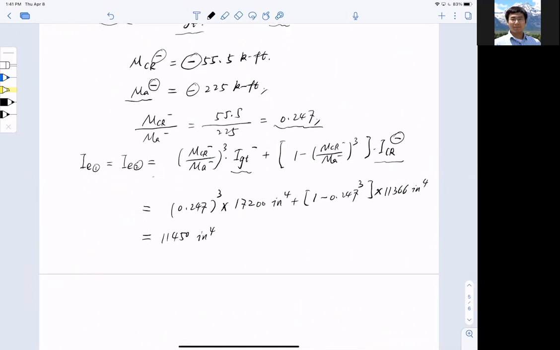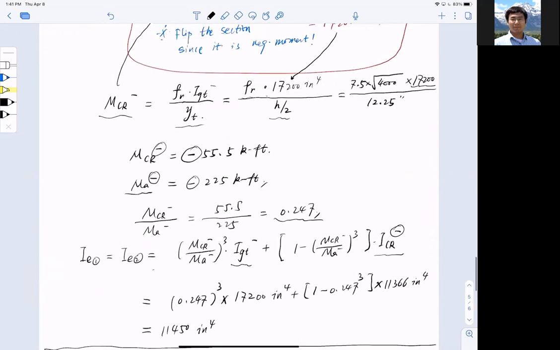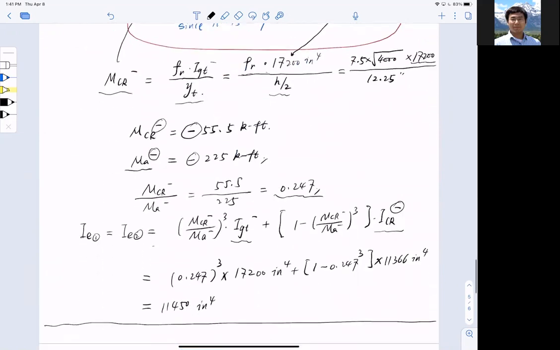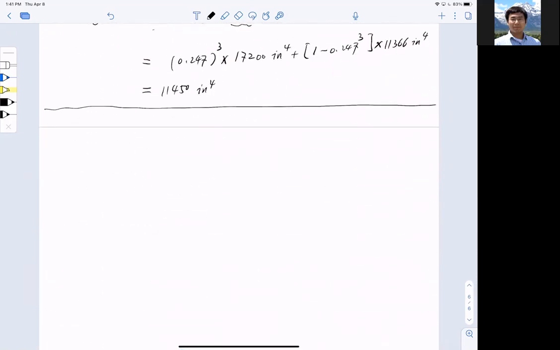So that, ladies and gentlemen, is my IE1, IE2, at the supports. Finally, step number 5. Not done yet. Finally, IE equal to what? We're ready to compute the effective moment of inertia.